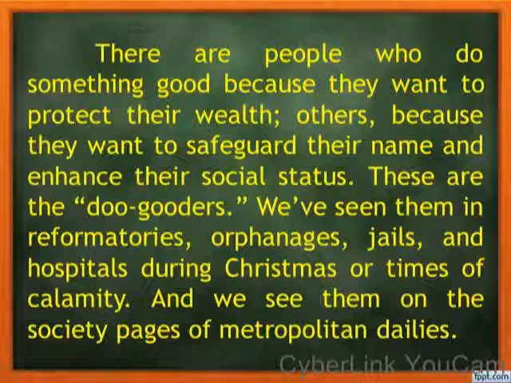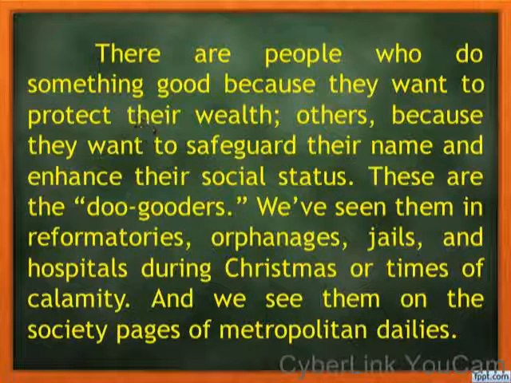But how did he discuss it? Did he provide examples? Yes, and he did it by presenting types of opportunists. First, we have those who only do good because they want to protect their wealth. Others, they want to safeguard their name and enhance their social status. So there are three types. And he also presented where we can find these kinds of people.